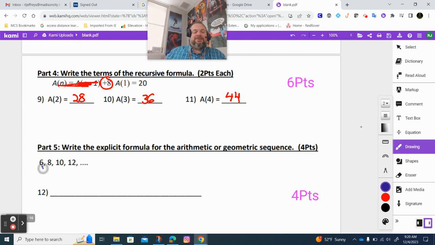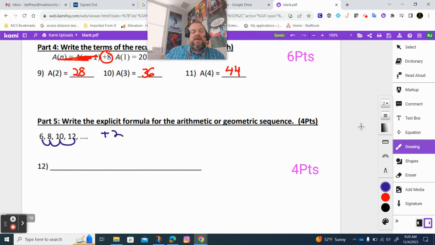Part 5. What's happening each time? I'm adding 2. So this is an arithmetic sequence. Arithmetic looks very similar to our linear.